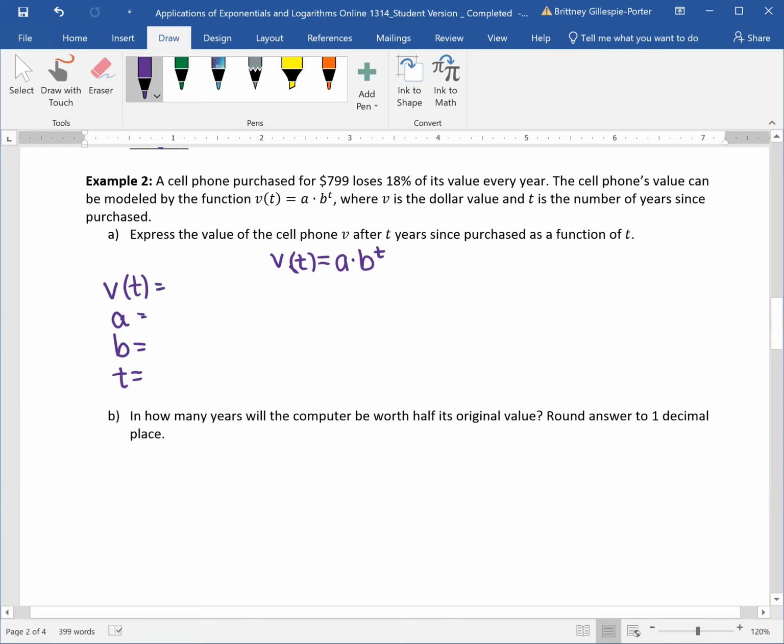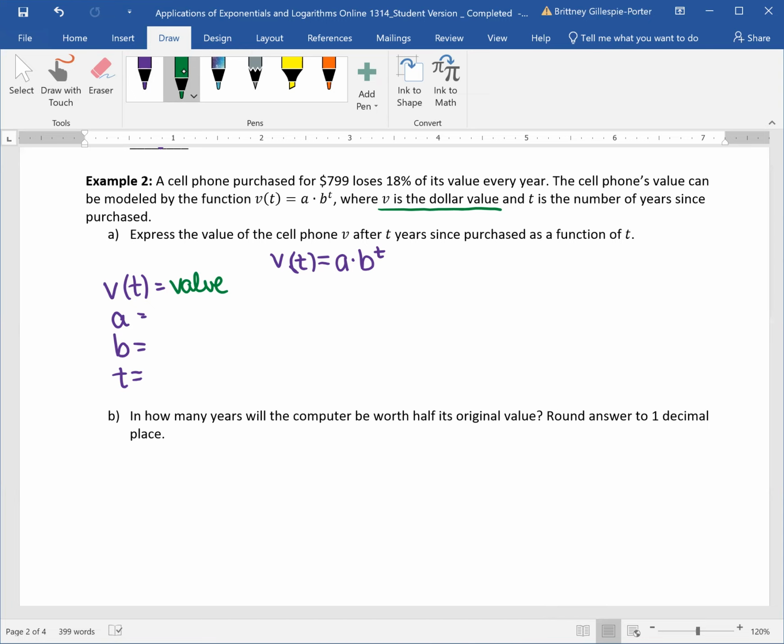They want us to have the value of the cell phone after years purchased. V is the dollar value, so that is our value. We're going to leave it because when we have our functions, you have to have two variables.